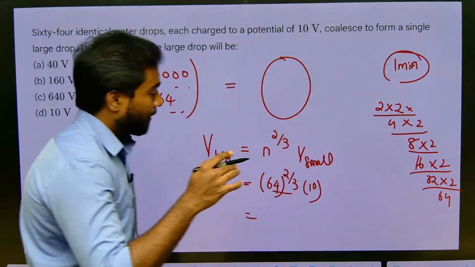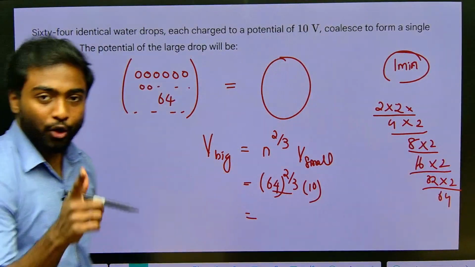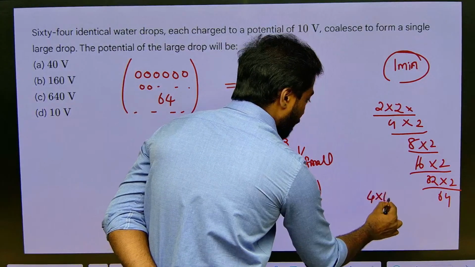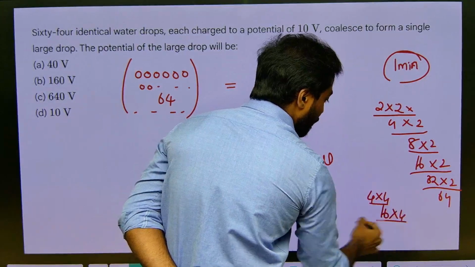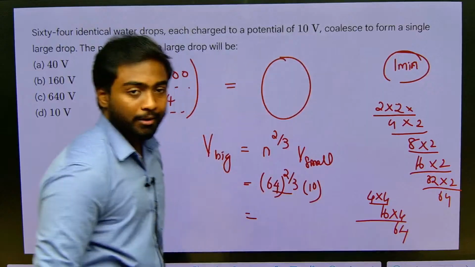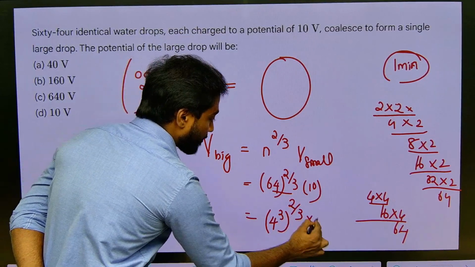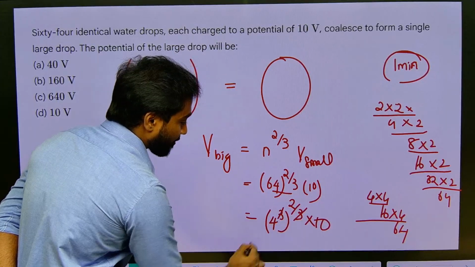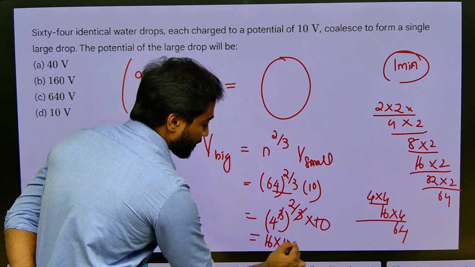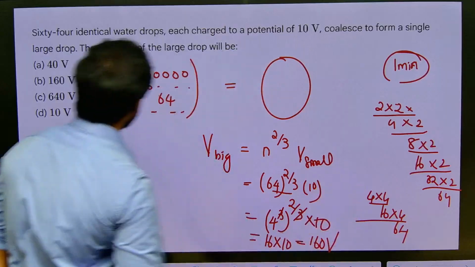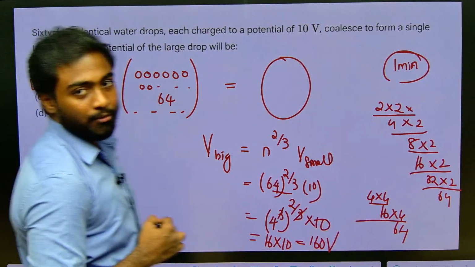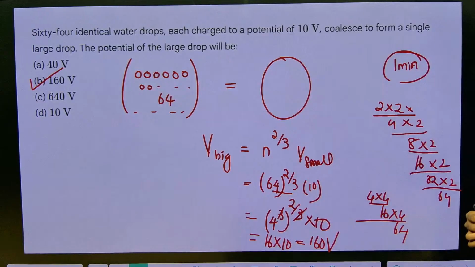Can we take 4 cube right now? So 4 into 4 is 16, 16 into 4 is 64. So 4 cube power 2 by 3 times 10, this 3 and 3 will get cancelled. 16 into 10, which is nothing but 160. So option B is the correct answer for this question, right?